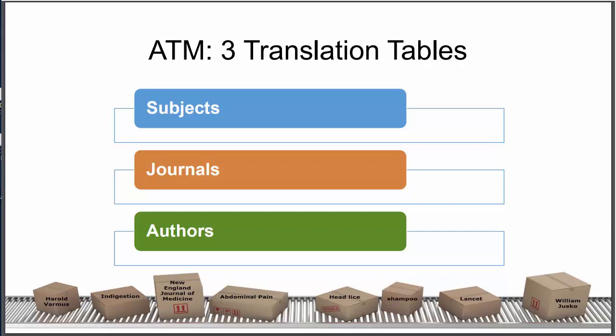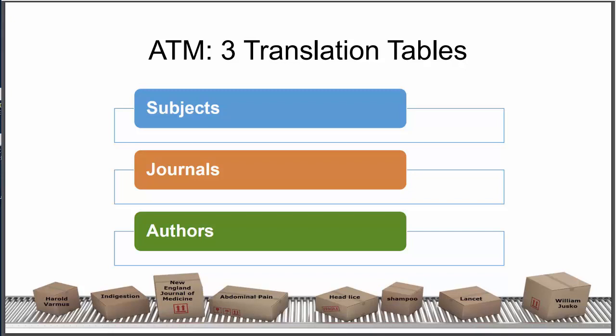When you search without quotes or tags, PubMed tries to match your terms against 3 translation tables that have been developed from the data in PubMed. And when I say data, I mean things like subject words such as indigestion, journal titles, and author names.